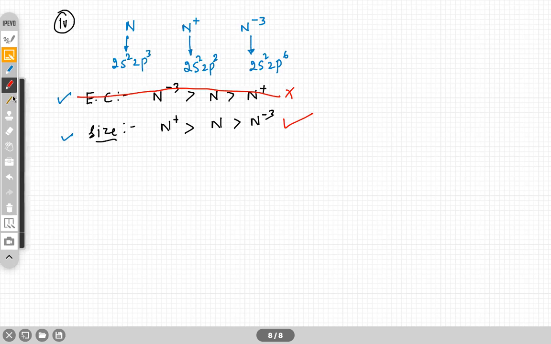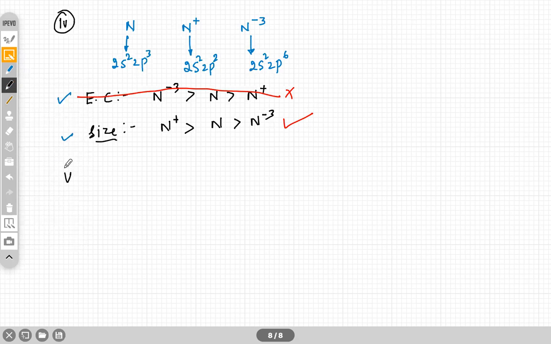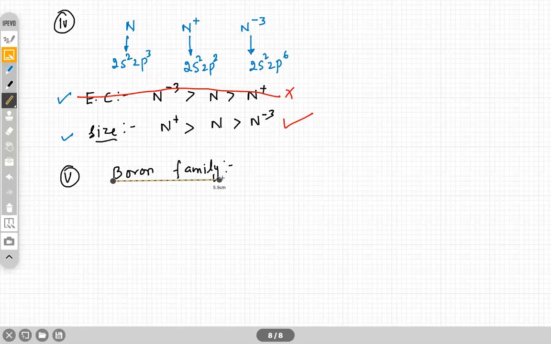The fifth one, you see, boron family. The order of ionization energy for boron family, we know as we go down the group, ionization energy decreases.